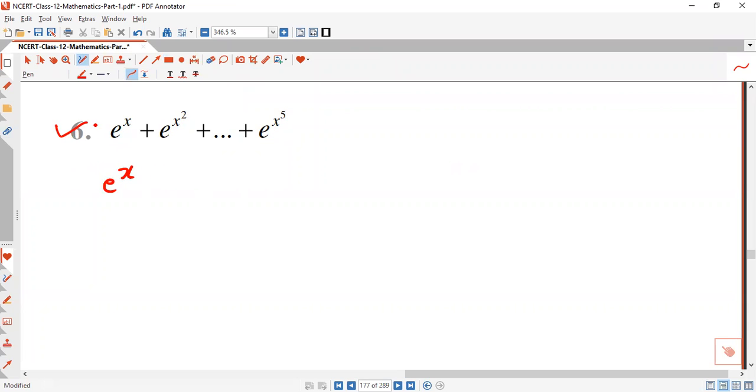E raised to x square, we are doing this differentiation, e raised to x square into 2x, plus so on.